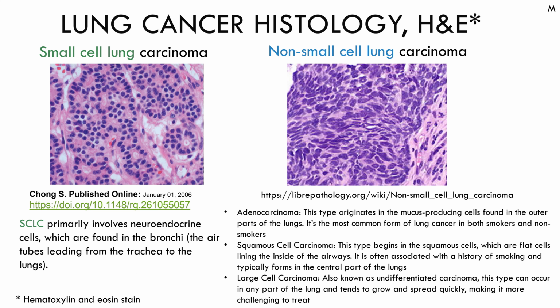So we'll continue then. I wanted to talk a little bit about the two types of lung cancers. What we're looking at here is a histology, which is a staining. There's a biopsy, and you take a small sample, you put it on a slide, you stain it. The purplish dark dots are going to be the cell nucleus, and the pink is going to be the interstitial fluid or the cell wall.